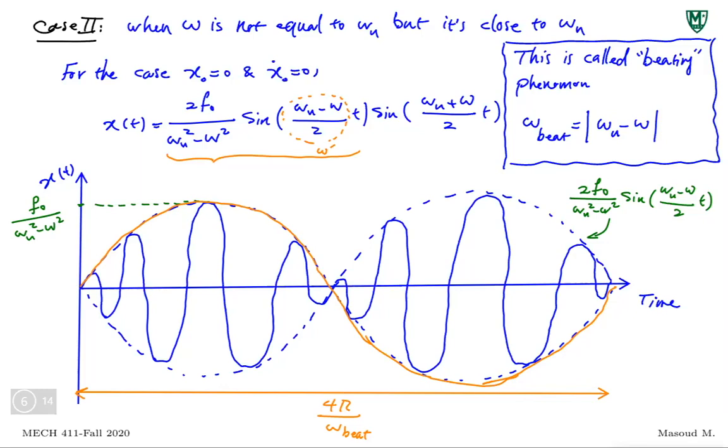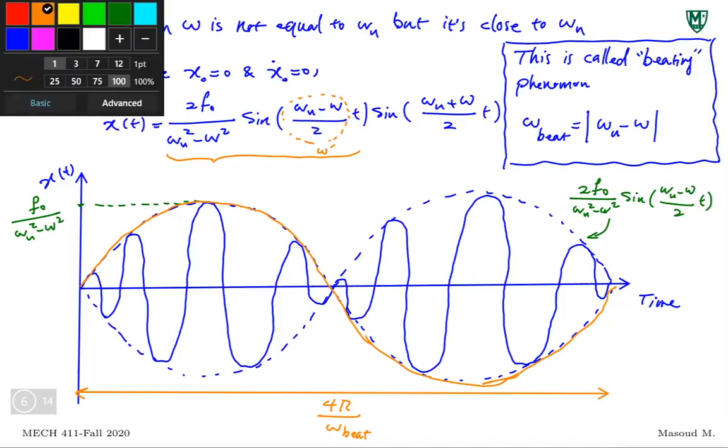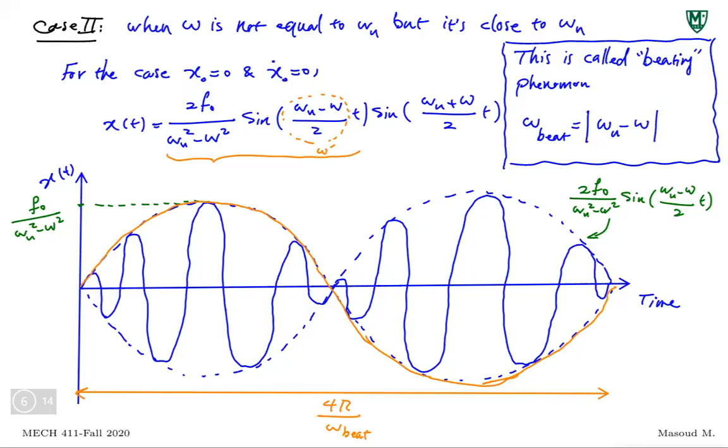Omega n minus omega, if I take that as omega beat, this is the frequency for this part, or the envelope connecting the peaks.